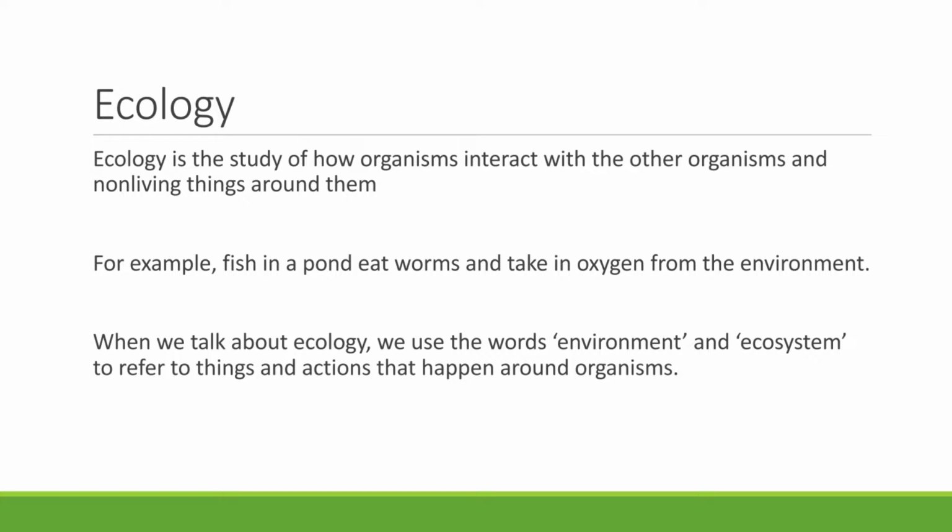We're going to look at how organisms interact with other organisms and the non-living things around them, which we're going to define in a little bit, called biotic factors and abiotic factors. For example, a fish in a pond eats worms and takes in oxygen, so it's interacting with other animals in the environment, and it's interacting with the environment itself.